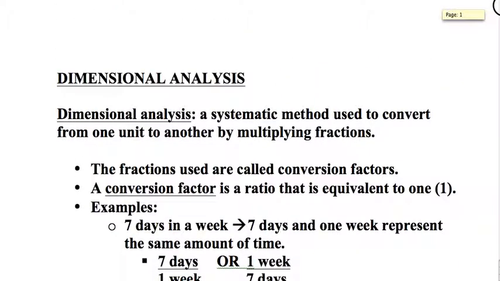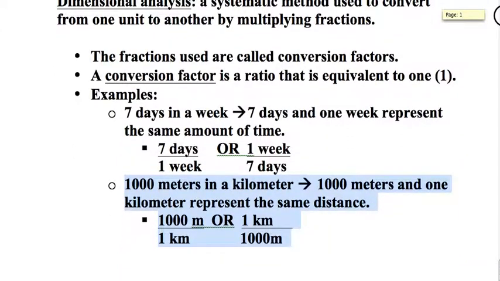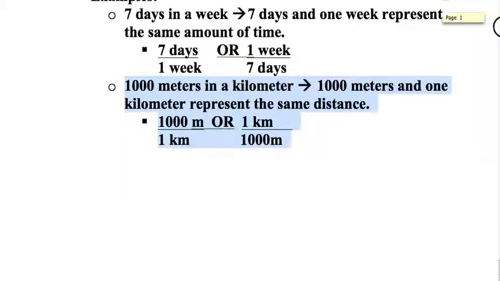So just to review: dimensional analysis is a systematic method to convert from one unit to another, and we use fractions called conversion factors, and they are ratios that are equivalent to 1.